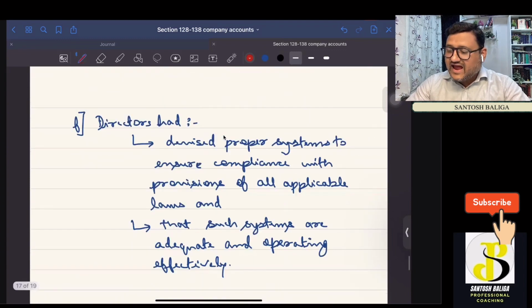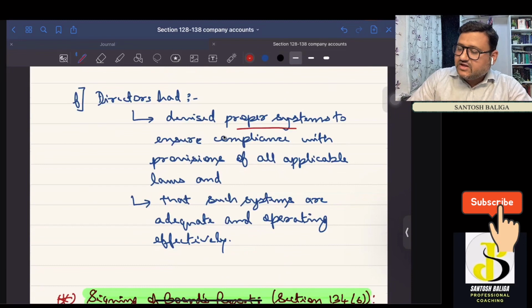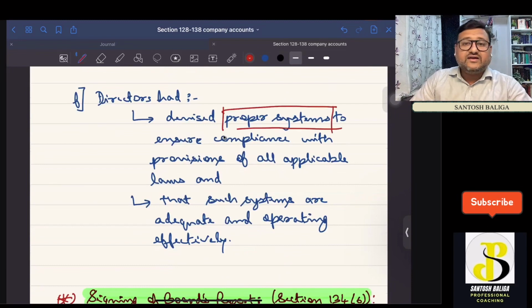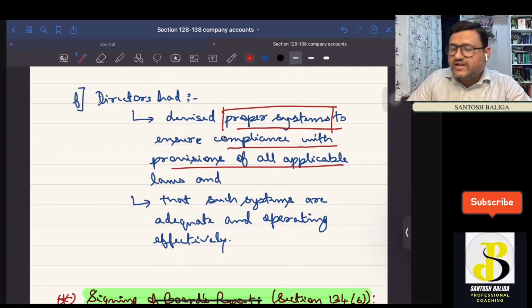Next, directors had devised proper safeguards or proper systems to ensure compliance with the provisions of all applicable laws.